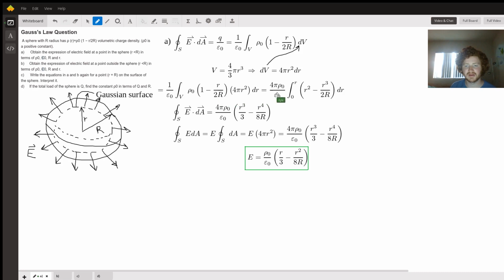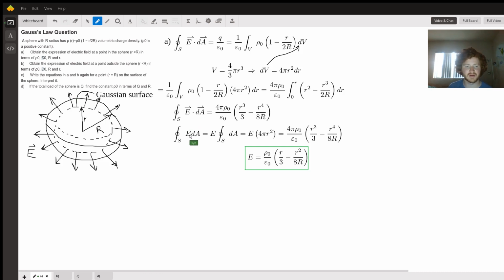Then you pull out the constants here, and you distribute the r squared into the function. Now you integrate, and this is what you get. You bring it back and set it equal to the left side of the equation again. Now we want to work with this side of the equation. The reason we chose the Gaussian surface that we did is that it's a good idea to choose one where the field is perpendicular to the surface, so the dot product becomes just the regular product of the magnitudes.